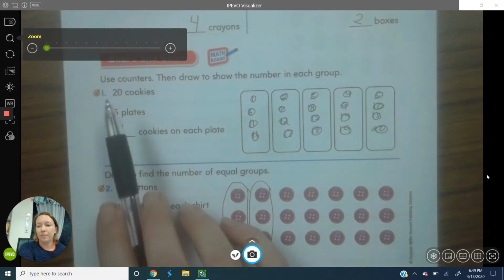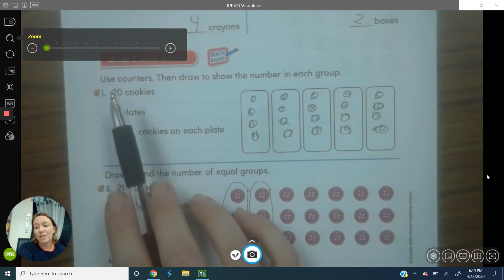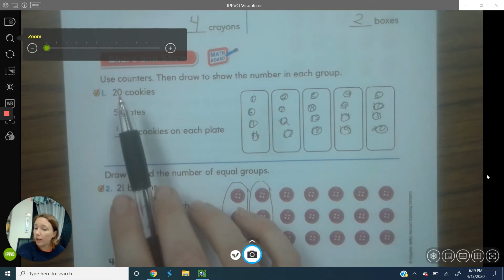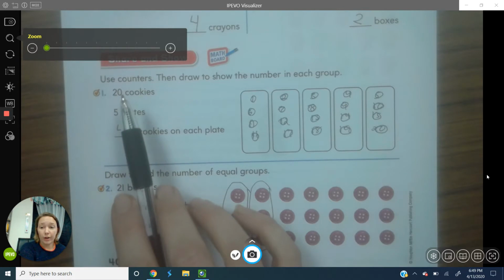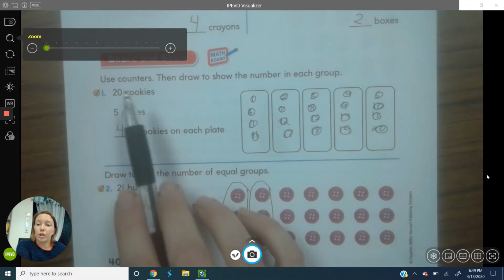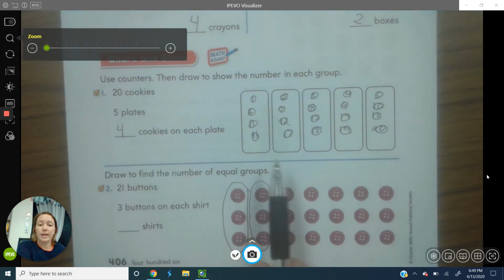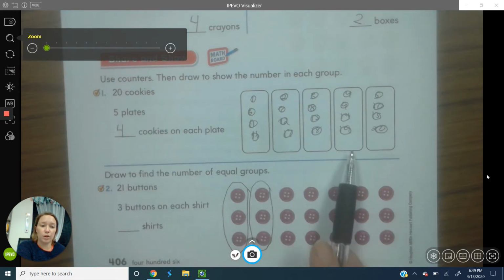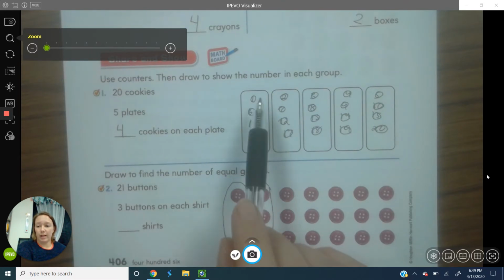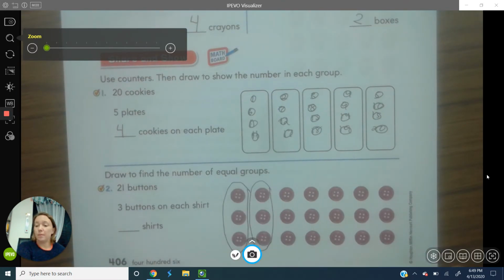For number 1, we're going to use counters. If you need to use counters or something at home, go ahead. If not, it's okay just to draw. So you're going to draw to show cookies, and then they gave us the groups. They gave us 5 plates. So I started out, and I drew 20 cookies. I'm sharing them equally.